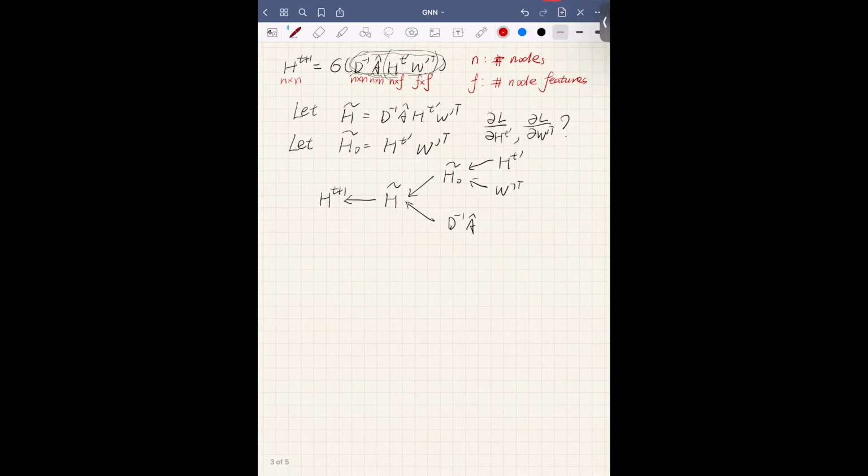And let's mark the shape of each matrix. H delta is, okay. And now we already know d loss over dH_t plus 1.